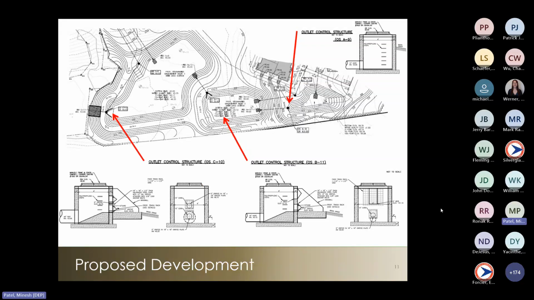And then similarly, the lowest orifice at outlet structure C10 is below the water surface elevation of the water quality design storm. So in conclusion, Basins 2 and 3 do not meet the design criteria for infiltration basins according to the BMP manual, and they wouldn't really merit the 80% TSS removal rating.